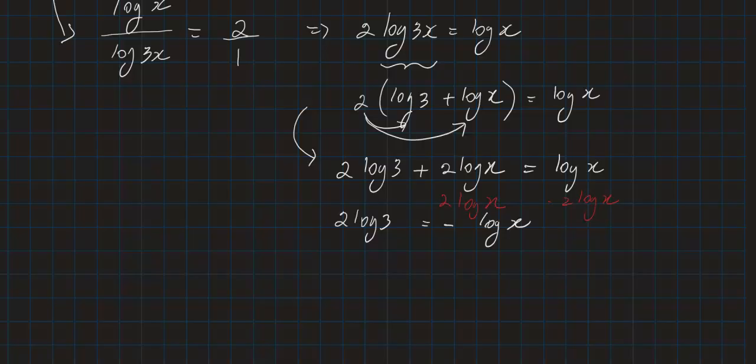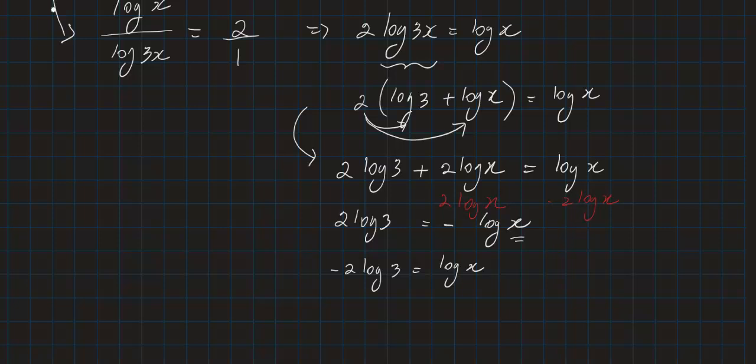Now, we want to solve for x, not log of x, not negative log of x. So we need to get rid of the negative first. Divide both sides by -1 would be negative 2 log of 3. That is equal to log of x.